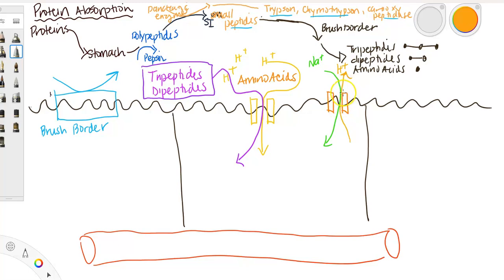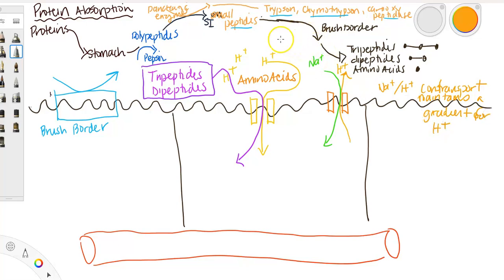The sodium-hydrogen exchange maintains a gradient for hydrogen.